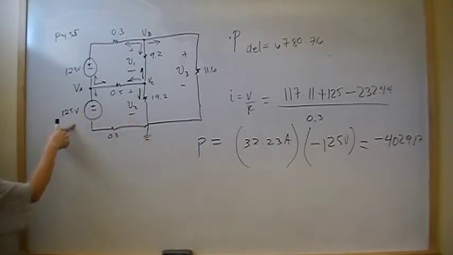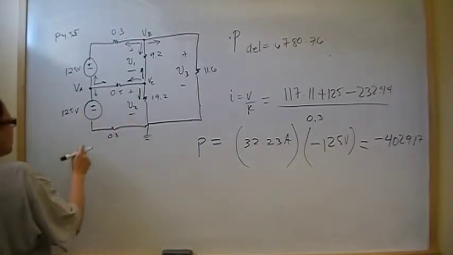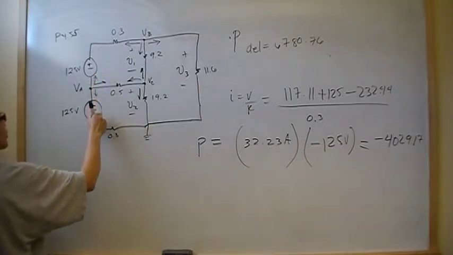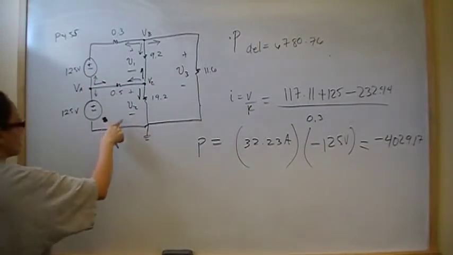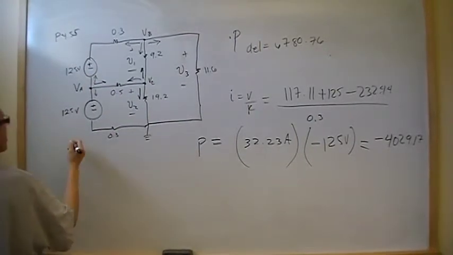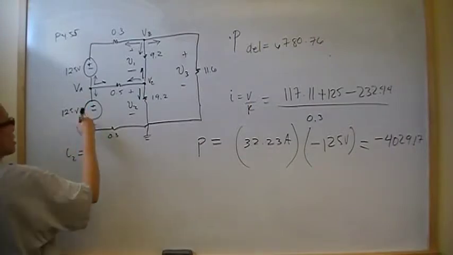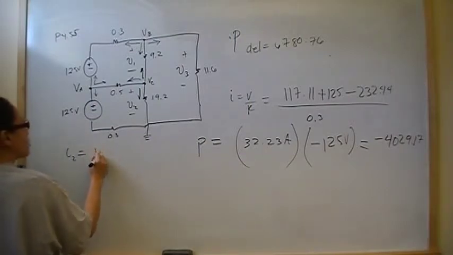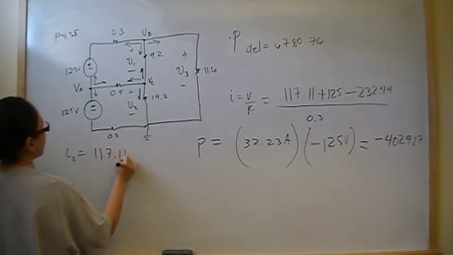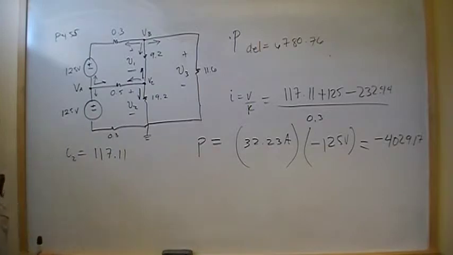Now we're going to do the same thing for that voltage source. So consider the current going through here. It's going through the ground node. So I2, the second current, is starting at VA, which is 117.11. It's going to go through a voltage drop, right? From minus to plus is a drop.